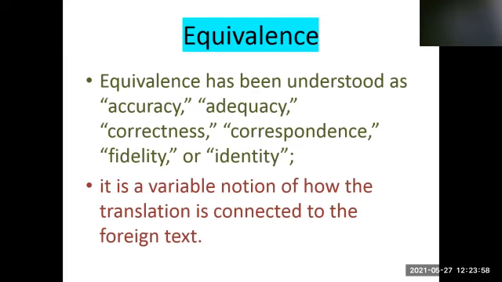The translation should correspond to the source text. Fidelity, there should be honesty in order to keep the identity of the text. Because sometimes we read a translation that comes out very different from the original text, the source text. So equivalence is one of the most important concepts.